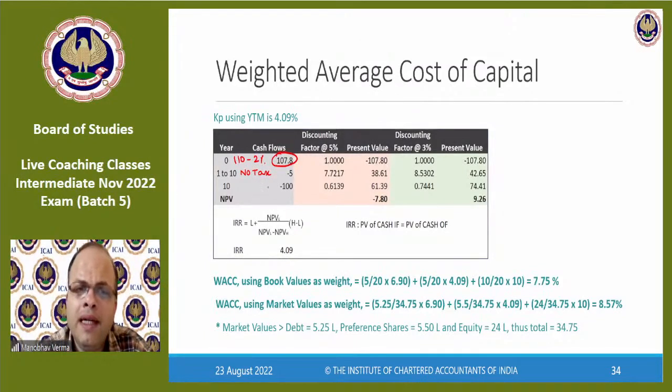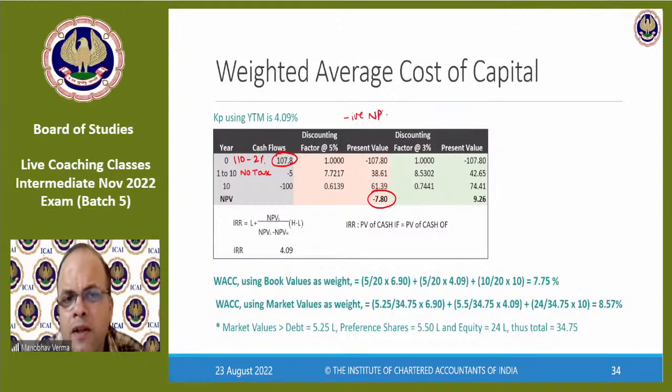I used 5% again, the same factors you will see, and I got a negative NPV this time, guys. If I got a negative NPV with 5%, should I take a higher rate or a lower rate? The next rate has to be lower, because I have to arrive at a positive NPV now. I don't have a choice.